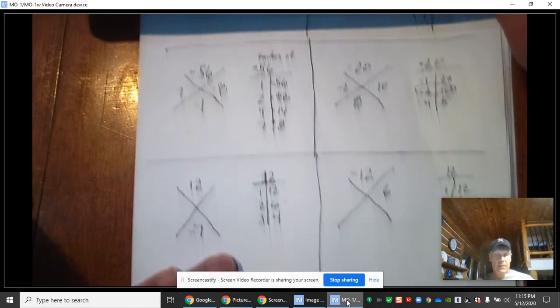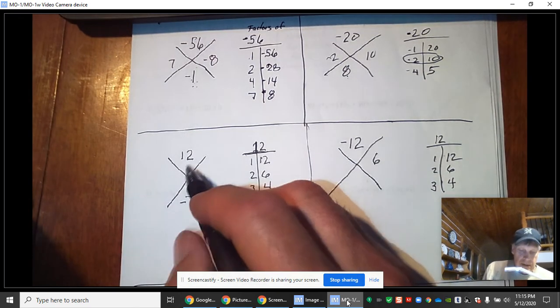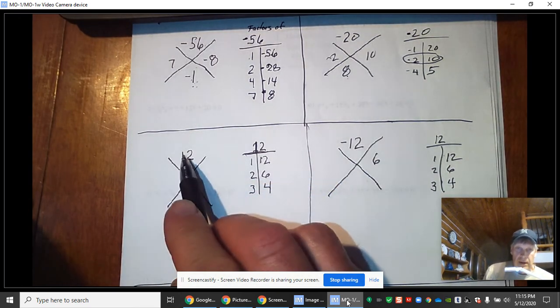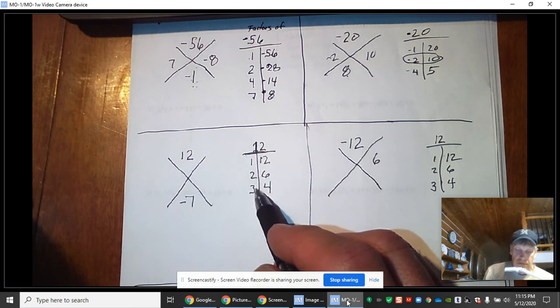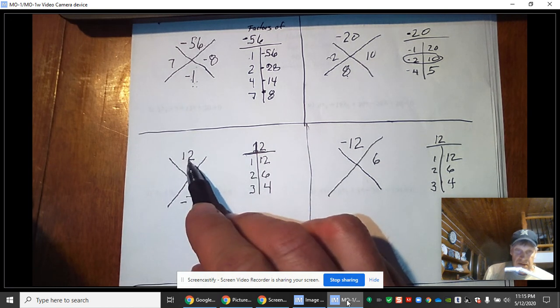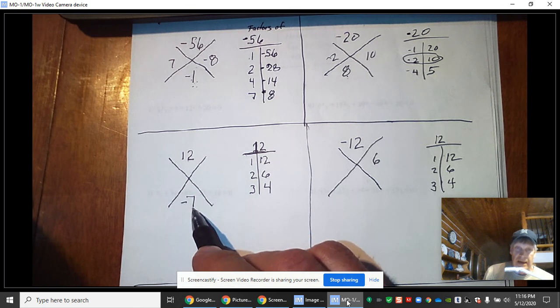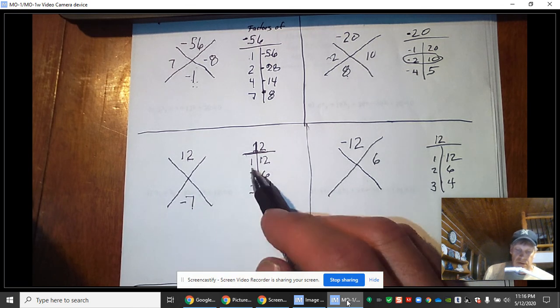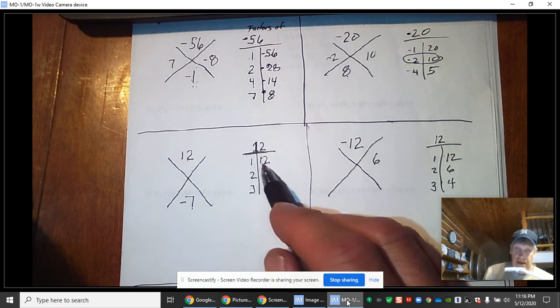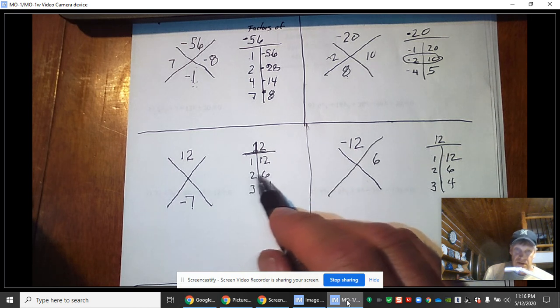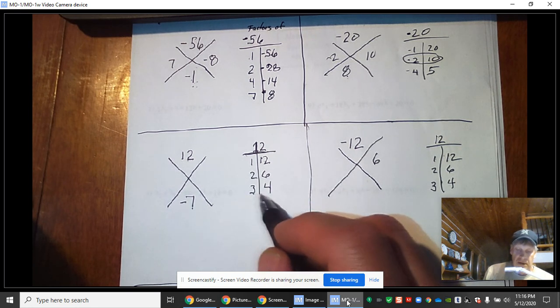One more here. Now this is positive 12, so I wrote all my factors of 12. Since it's positive, I know I'm going to have to add them up, and they're going to have to add to negative 7. There's no way 6 and 2 can add to 7, but what's 3 and 4?